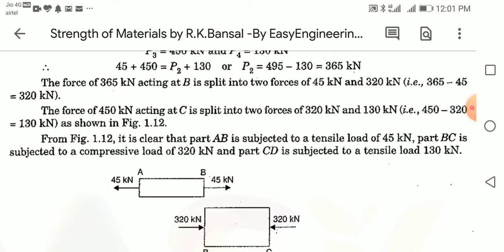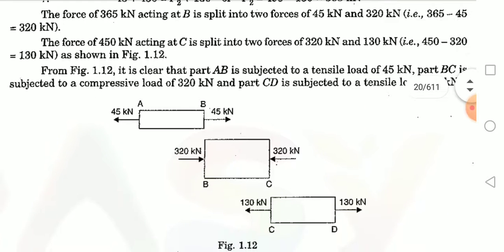Similarly, the force of 450 kilonewton acting at C is split into two forces of 320 and 130. Therefore, 450 minus 320 is 130 kilonewton. Now it is clear that part AB is subjected to tensile load of 45 kilonewton, part BC is subjected to a compressive load of 320 kilonewton and part CD is subjected to a tensile load of 130 kilonewton.